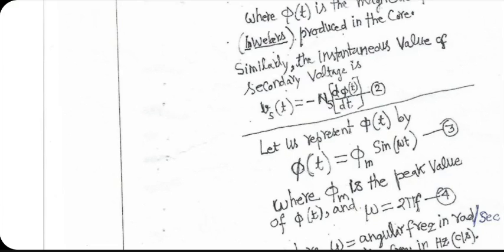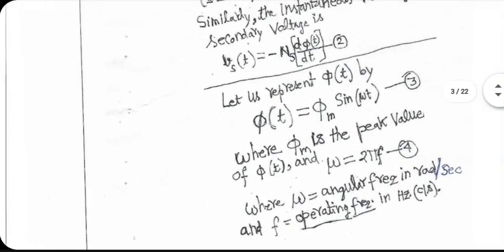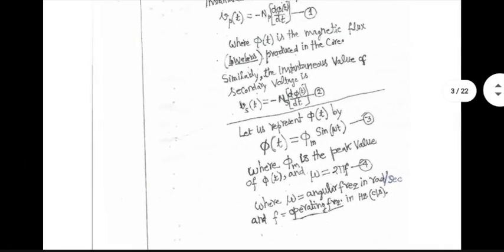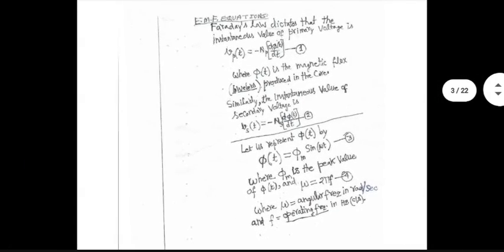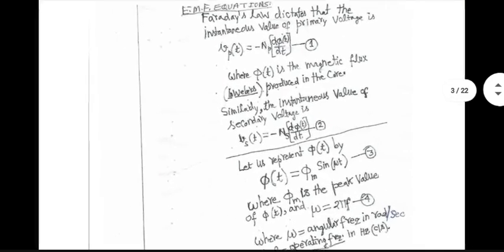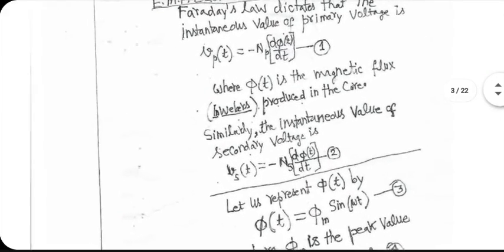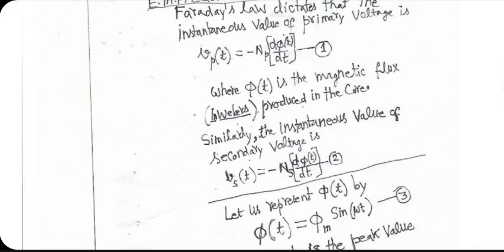It's the angular frequency, which is related to the operating frequency by the 2 pi f formula. Okay. Now, if I take equation 3 and substitute it in equation 1, I get a very interesting formula for VP.